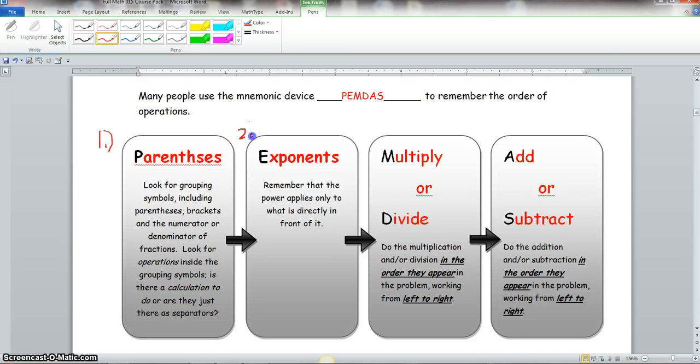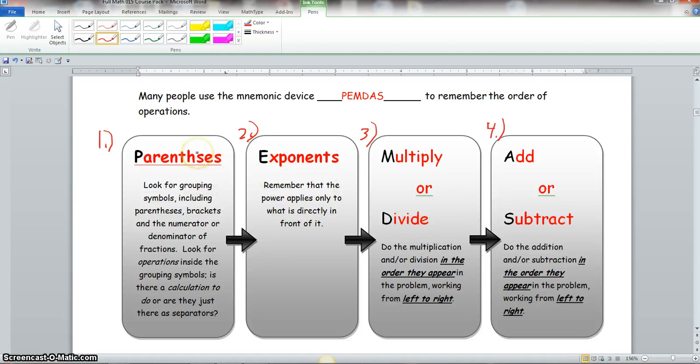The second step is exponents. And the third step, this is where many people get confused. Multiplication and division has the same rank. It's whichever one of them appears from left to right that you would do first. And the same for addition and subtraction, which is the last order of operation you would do.